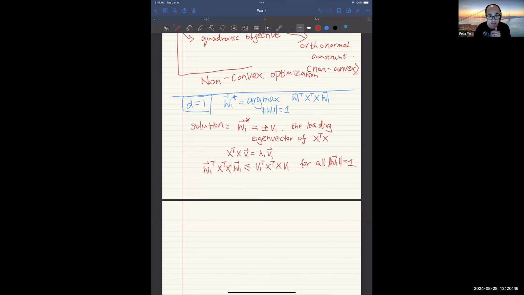This is a very interesting observation, and we want to prove it. This whole argument has a name: it's called Rayleigh's inequality. So how do we prove it? Let's prove it.